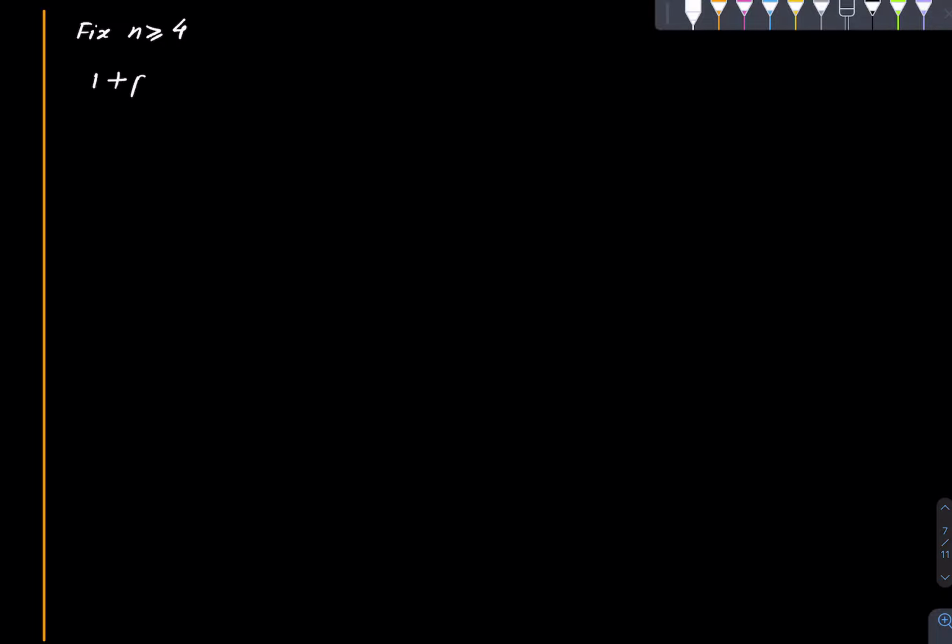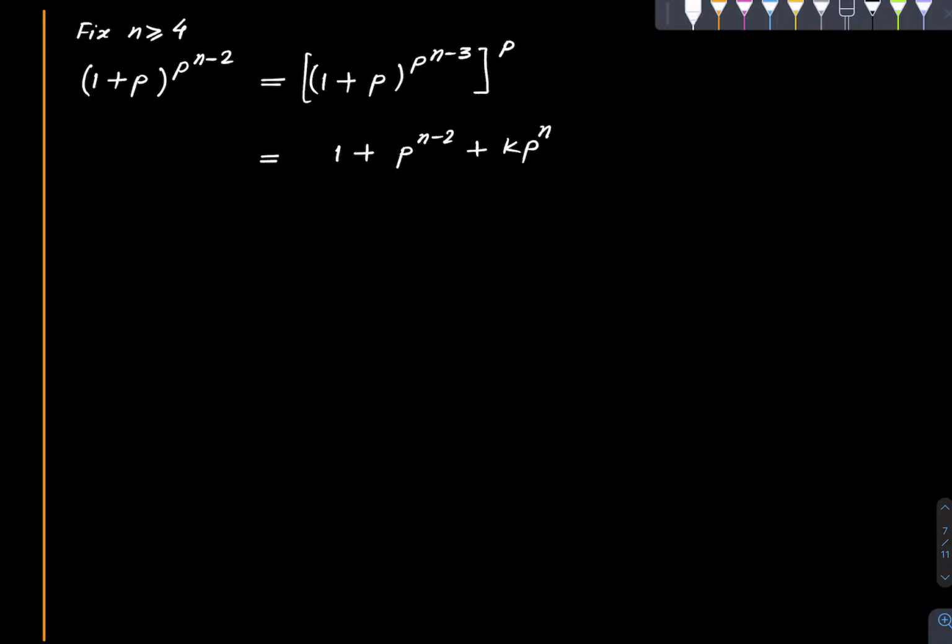So the general argument is 1 plus p to the power n minus 2 is equal to 1 plus p to the power n minus 3, all to the power p. Now by induction, this is equal to 1 plus p to the n minus 2 plus k times p to the n minus 1.